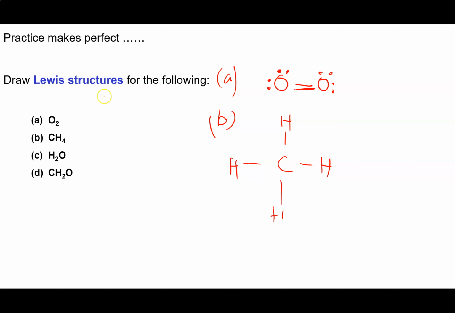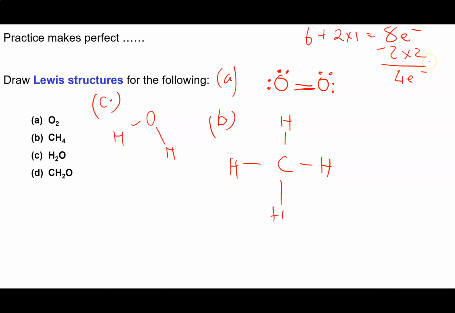Okay. The third one over here, water. You can kind of start jumping to the general layout after a while, because we know that hydrogen's going to go on the outside. So we've got 6 electrons for the oxygen, and then we've got 2 times 1 electrons for the hydrogen. That gives me 8 electrons. We form 2 bonds, so I've got to take away 2 lots of 2 electrons, and that leaves me with 4 electrons remaining.